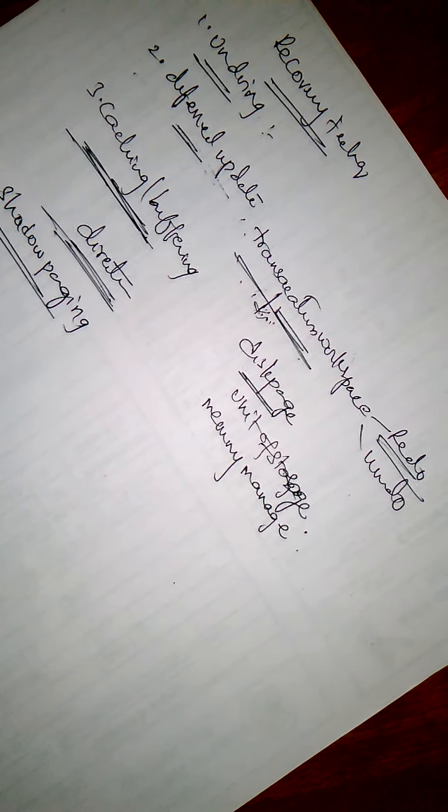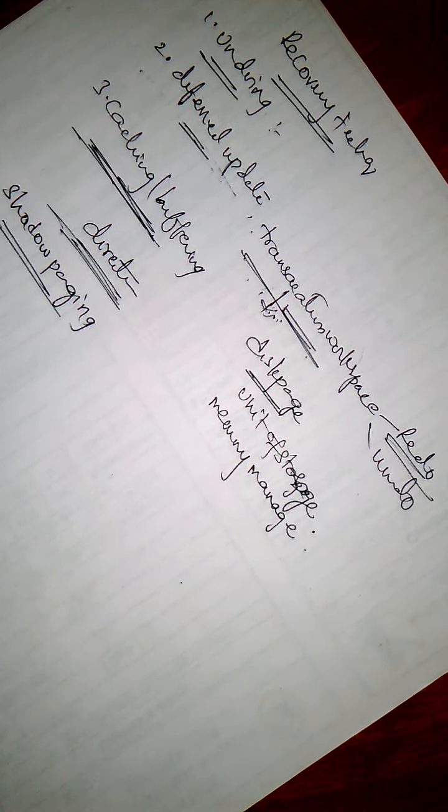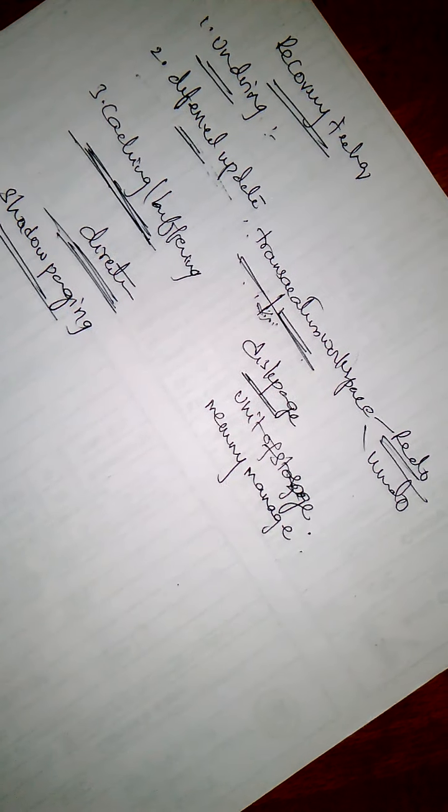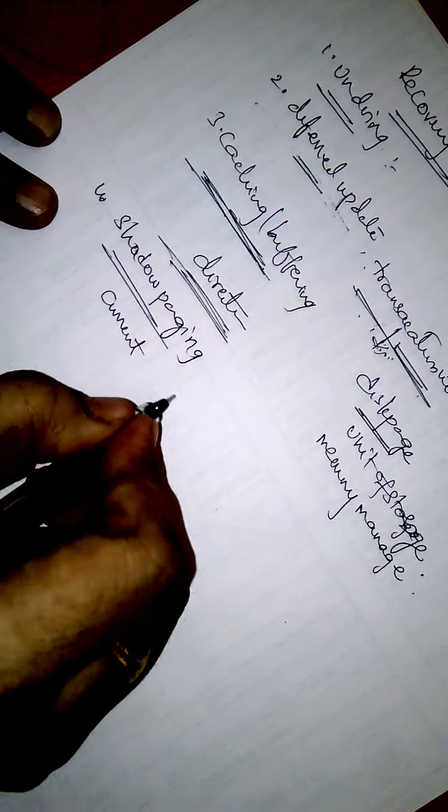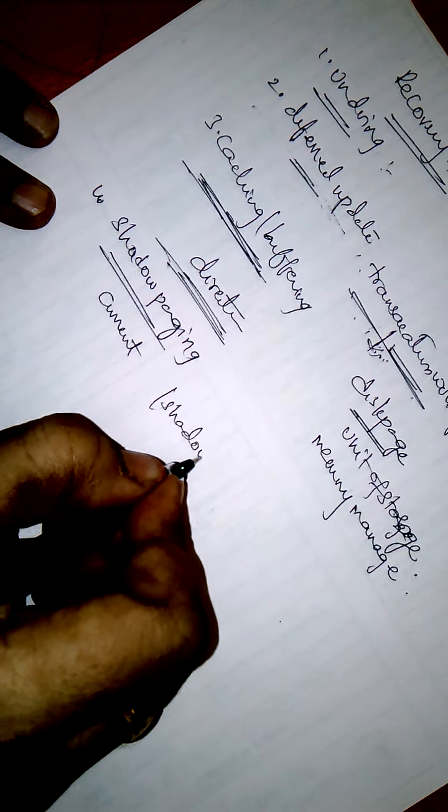In this technique, when a transaction begins execution, it maintains two directories, the current directory and the shadow directory.